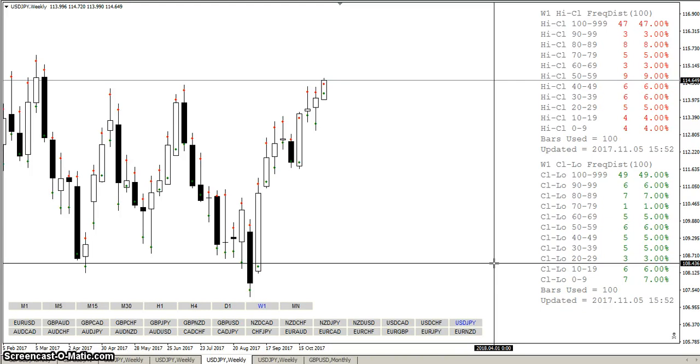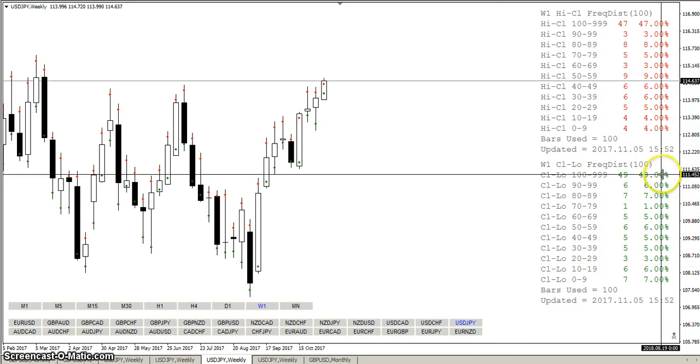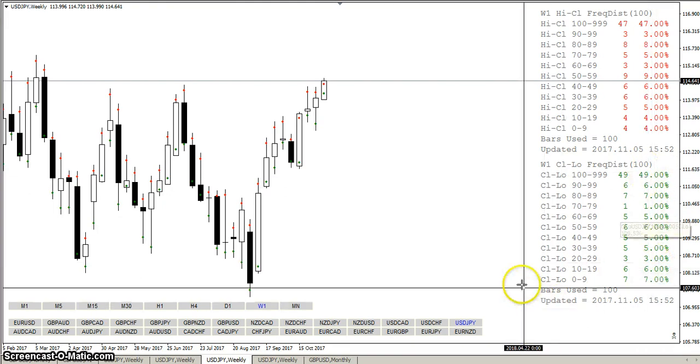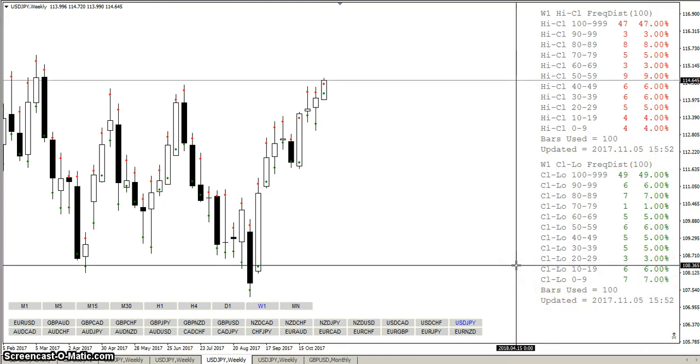So if it's only doing that 13% of the time, then 87% of the time it's going to be 20 or greater when you add up all of these numbers. I think that's not bad odds to reverse out of those zones if you see it failing to make new lows or new highs.